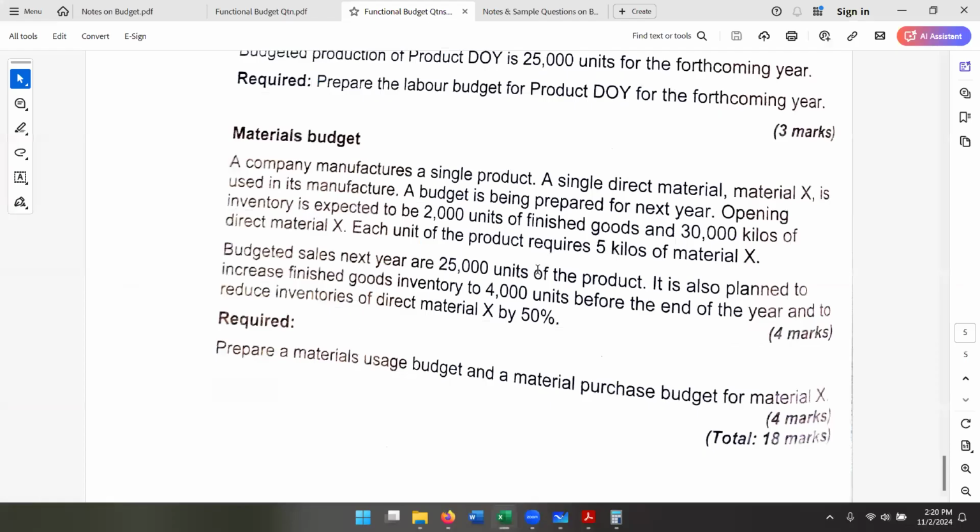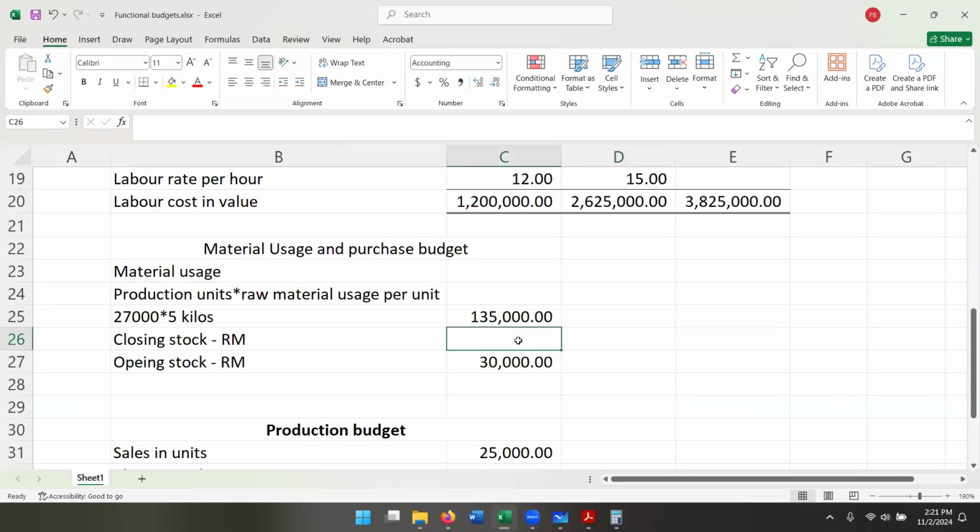Then we come to the closing. Let's see what they said about closing. It is planned to increase finished goods inventory to 4,000 before the end of the year and to reduce inventories of direct material by 50%. So for direct material, we reduce the opening stock of 30,000 by 50% to get the closing stock. It means our closing stock will be 0.5 times the opening stock.